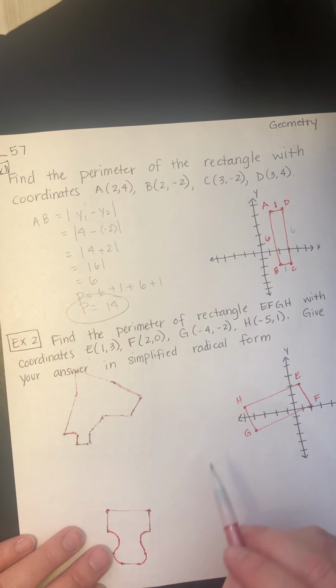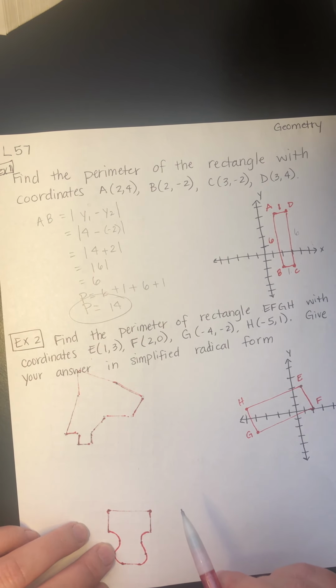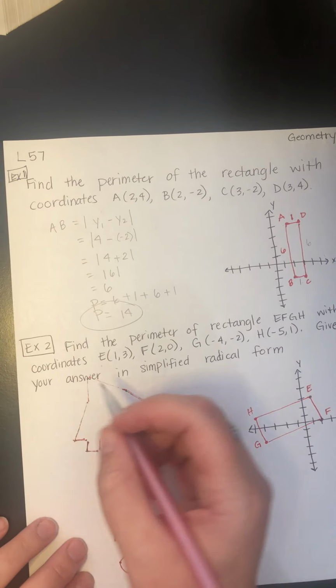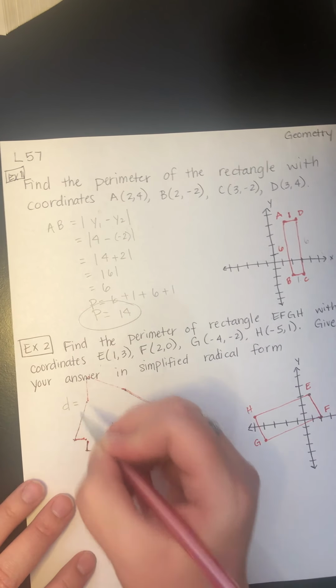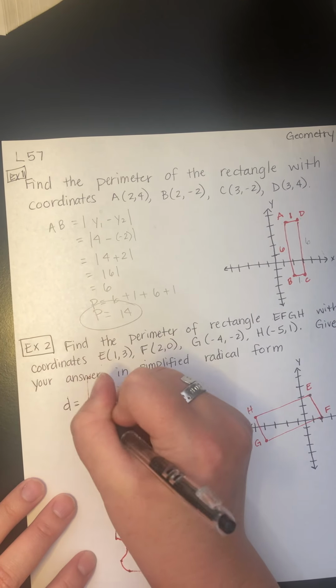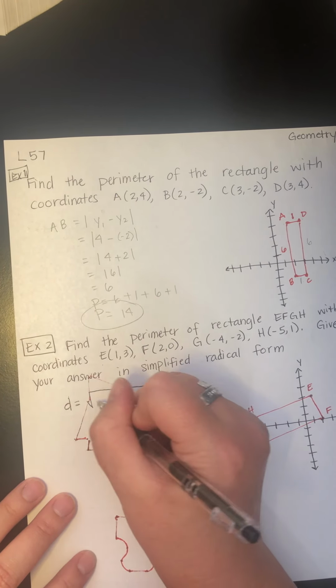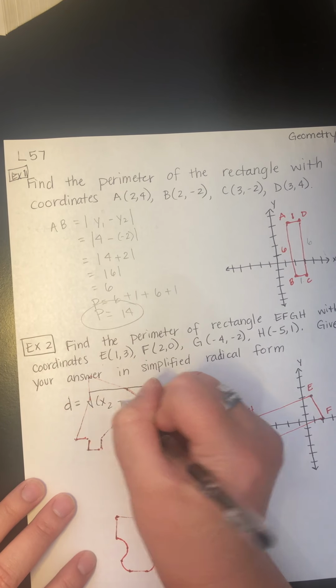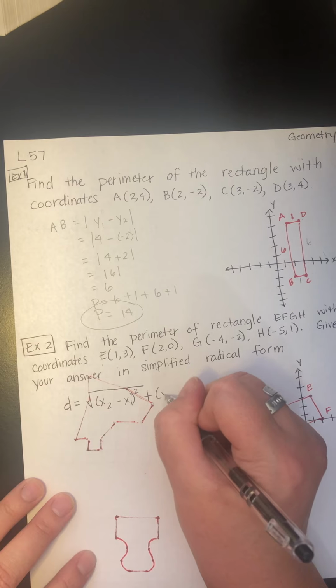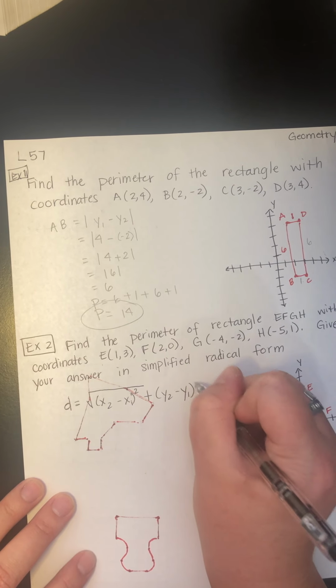So let's do the distance between EF, the short side. Okay, so the distance formula, let me do a pen, I'm not sure if you can see this. It's the square root of x2 minus x1 squared plus y2 minus y1 squared.